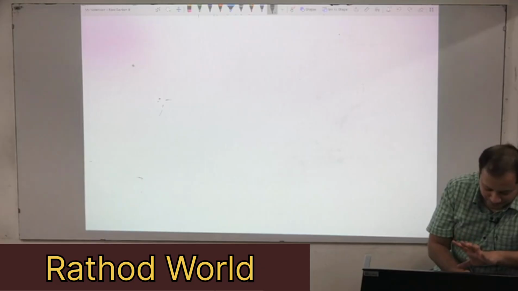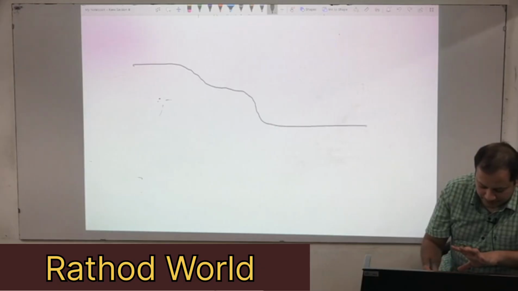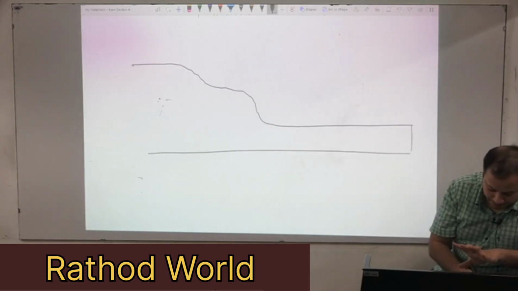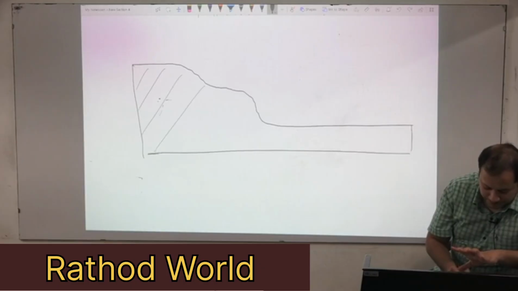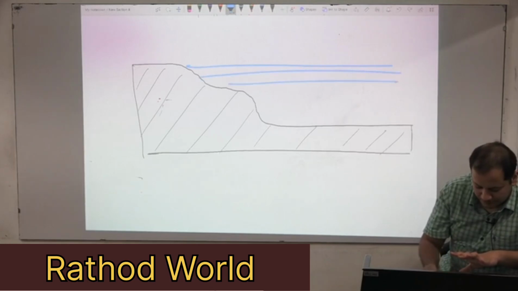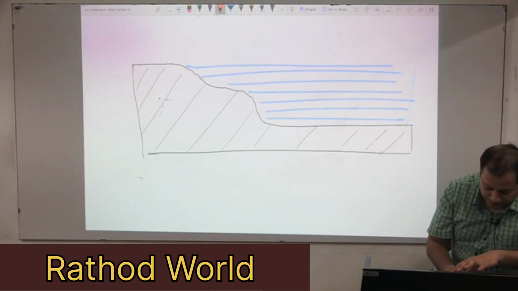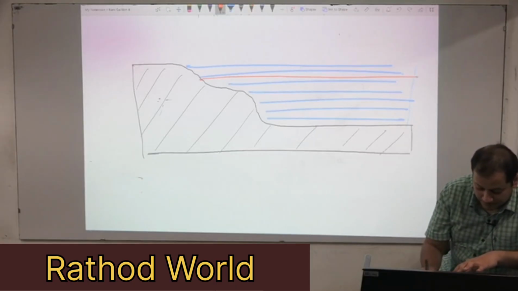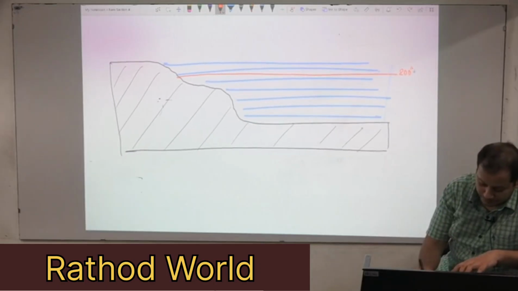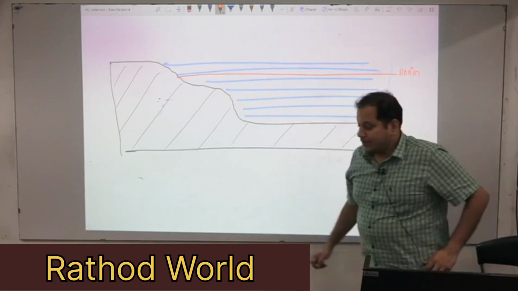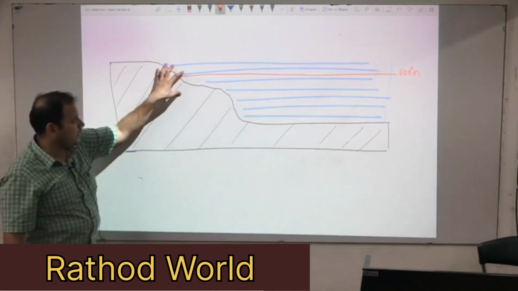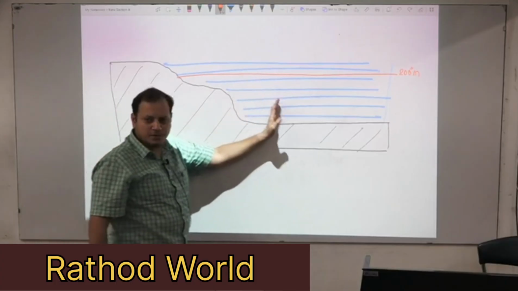Now look. Continental shelf, slope, etc. And this is the oceanic bottom.